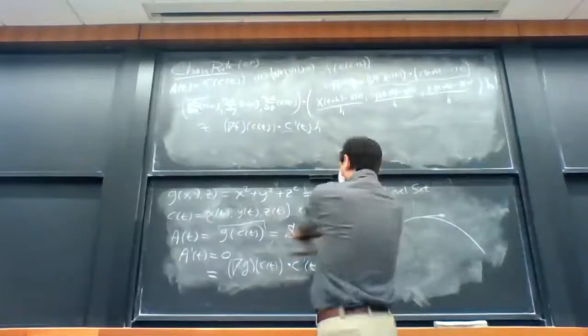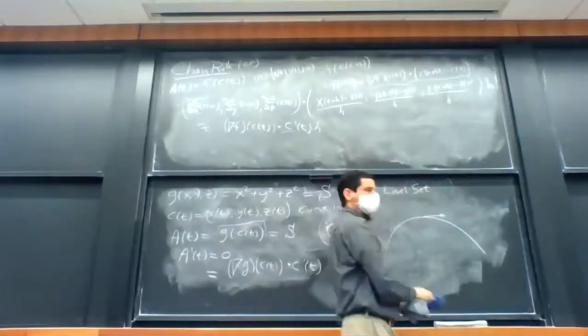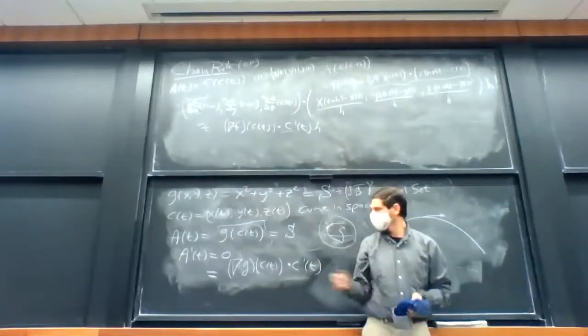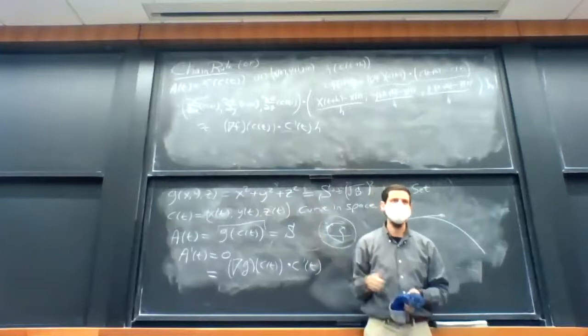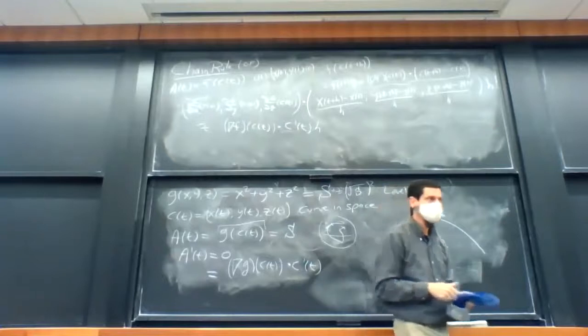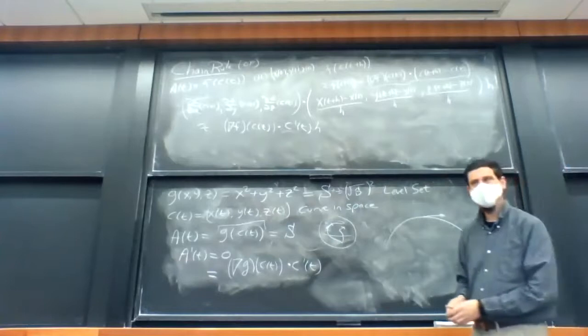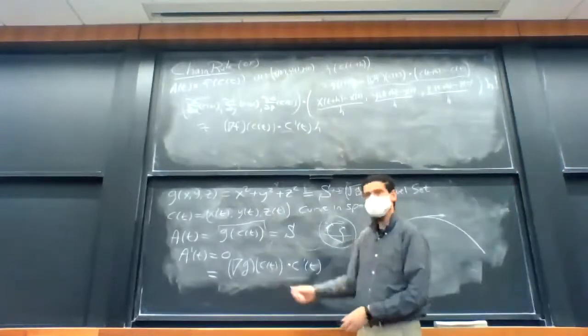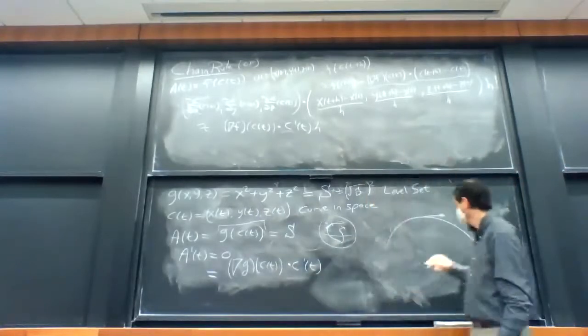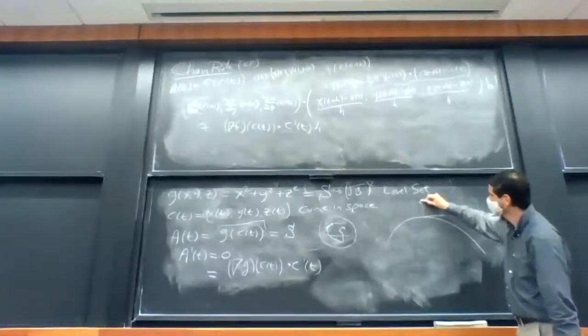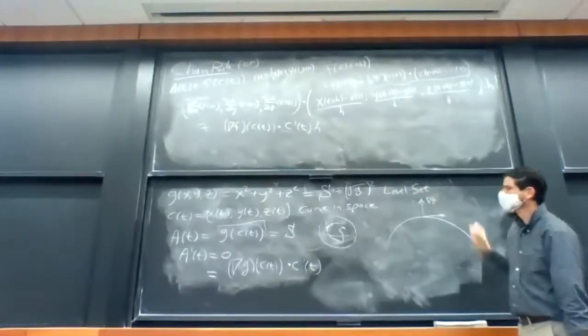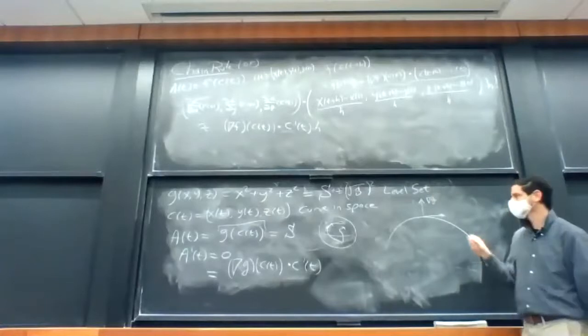I can take any direction I want parallel to the xy plane. What direction does the gradient of g have to be pointing? It's the only direction that's left. Straight up. It's got to be in the normal direction. The gradient of g has to be normal to the surface.